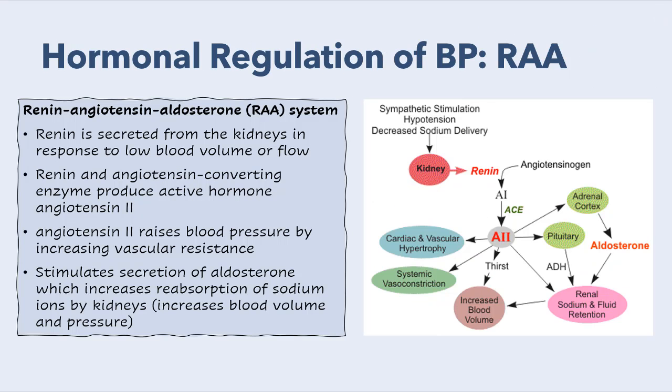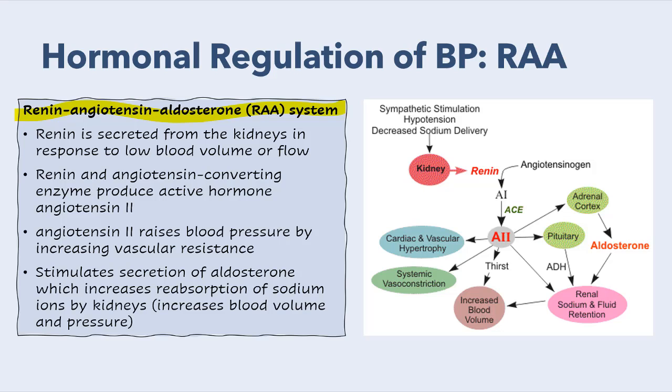One system that is involved in regulating blood pressure is called the RAA system, or renin-angiotensin-aldosterone system. And the way these names are listed in order, that is how these chemicals are secreted or activated in that order. We're not going to go into too much detail for this chapter on this system, but in general, if the blood pressure is low, if there's not enough sodium in the blood, there's not enough water, blood volume in general.